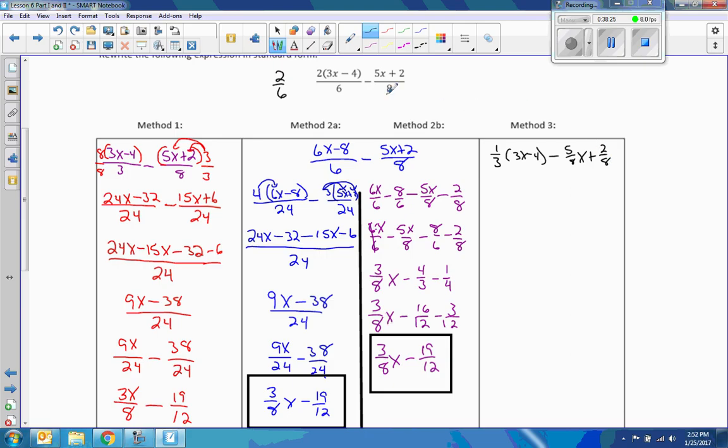And actually it's minus because it's a minus a positive, which is minus. So it's going to be 5/8x minus 2/8. Be really careful with your signs. Minus a positive is negative. So negative 5/8x minus 2.